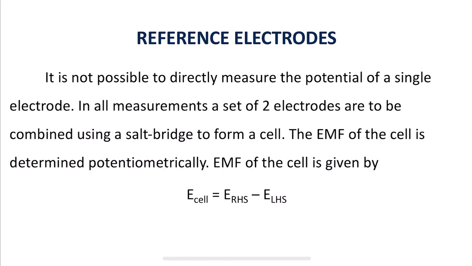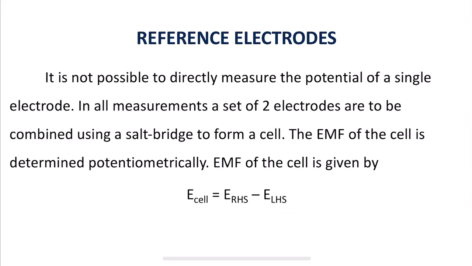We all know that the EMF of the cell is given by E cell is equal to the EMF of the electrode on the right hand side minus the EMF of the left hand side electrode. Knowing the EMF of the cell and the potential of one of the electrodes, the potential of the other can be calculated.